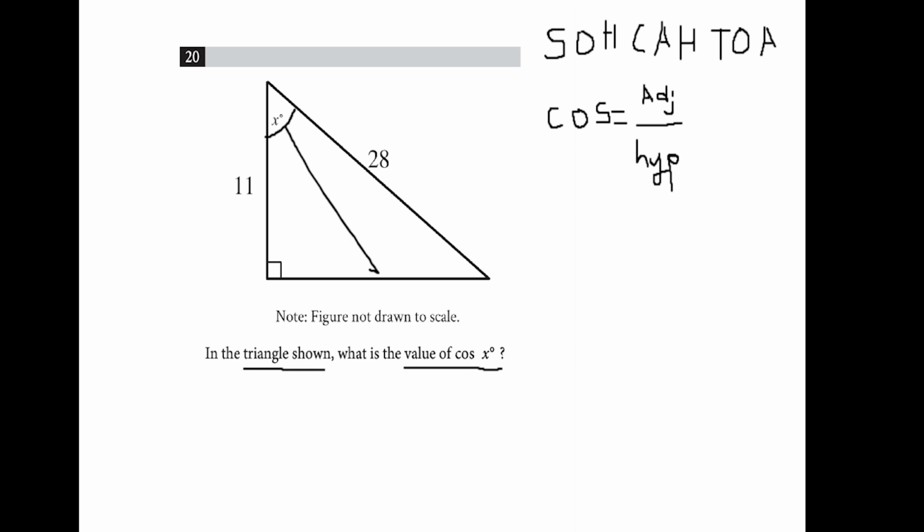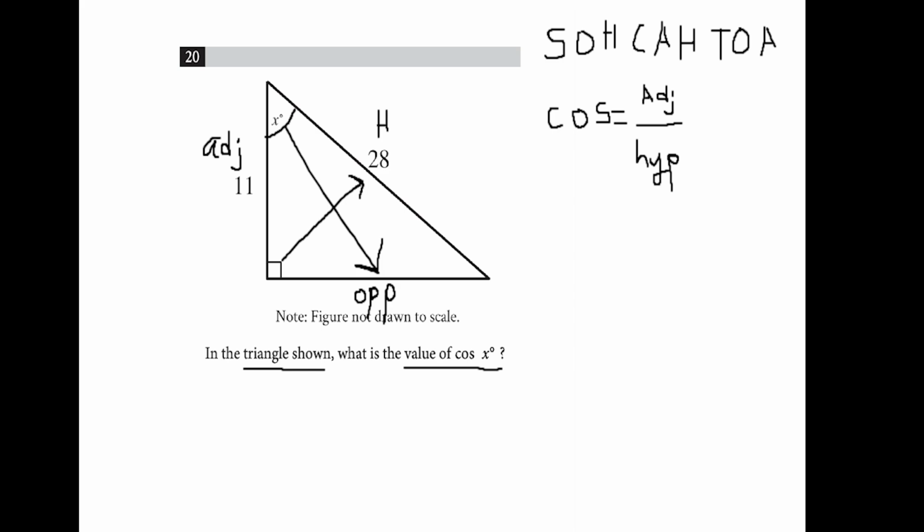I'm going to draw an angle at my x to show you how to identify our adjacent, hypotenuse, and opposite sides. We draw an arrow directly vertical from our x angle to show that the bottom leg is the opposite side, and the leg that is touching the angle is our adjacent side.